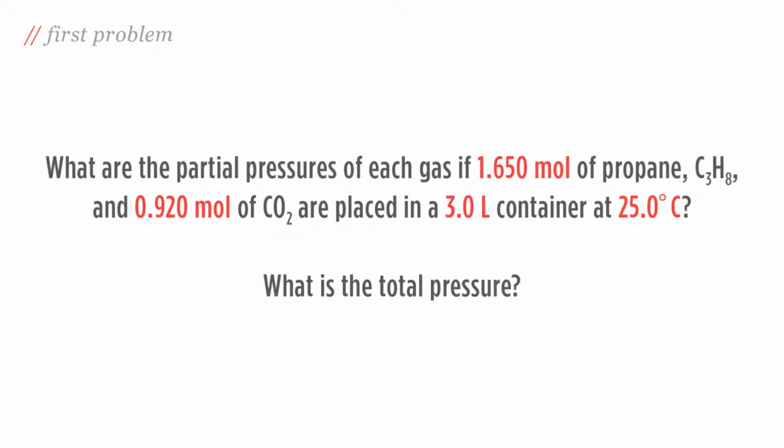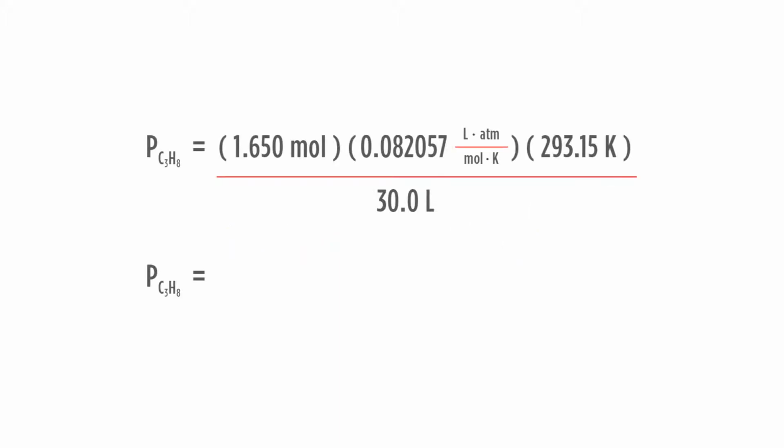We know that it gives us the number of moles of propane and CO2, and it gives us the volume and the temperature. We can calculate the pressure by using PV equals nRT. If we rearrange PV equals nRT to get pressure by itself, we get P equals nRT over V. For the partial pressure of propane, we just need to plug in our values.